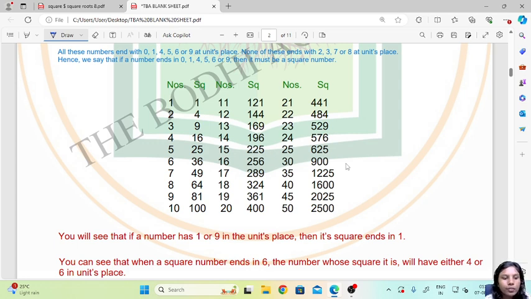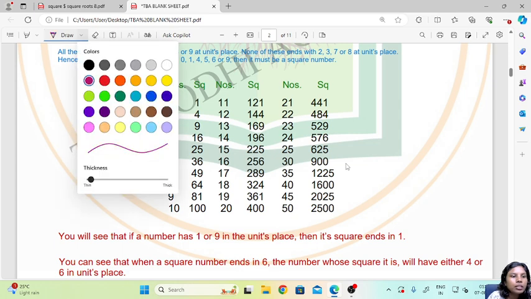Now you will see that if a number has 1 or 9 in its unit place, then its square ends with 1. Let's mark all the numbers which end with 1 and 9.